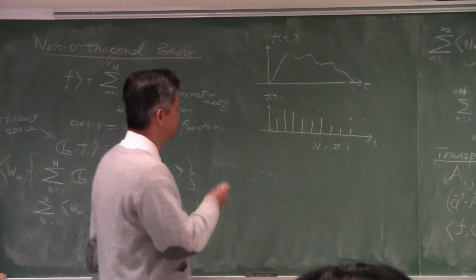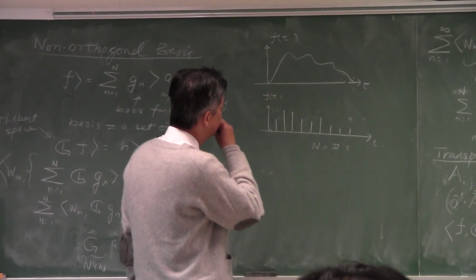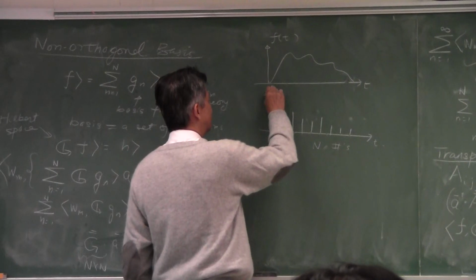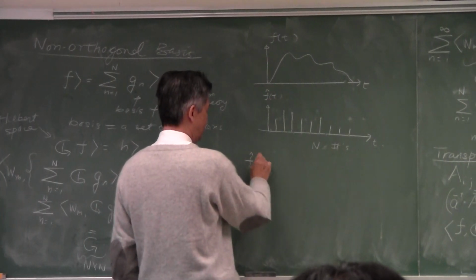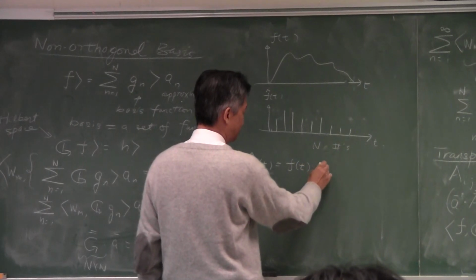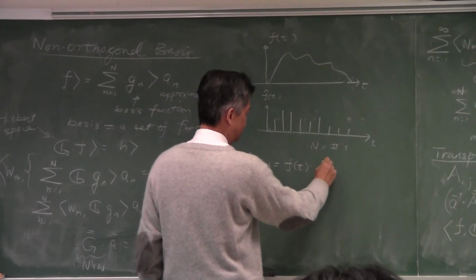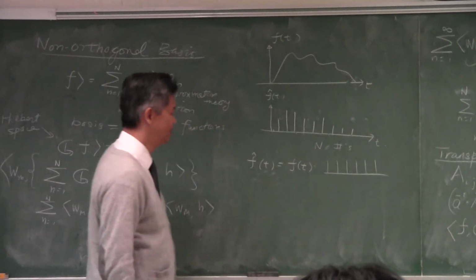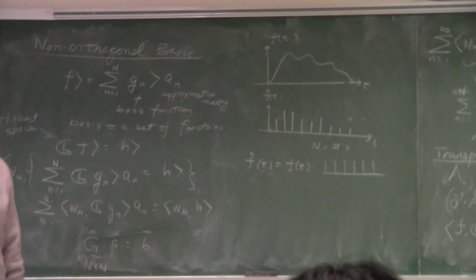So you can think of this as being, let me call this f hat of t. F hat of t is f of t multiplied by an impulse train. Let me draw that as that, right?